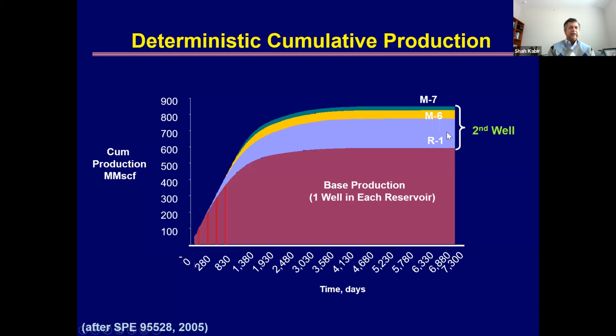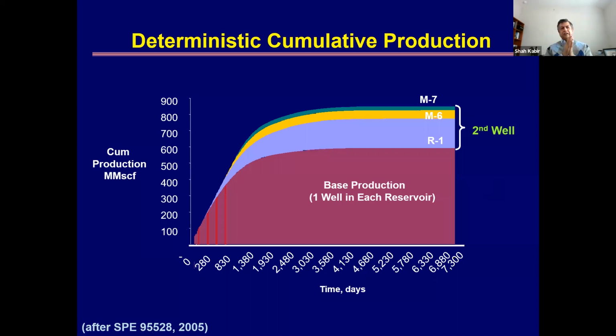As you can see, in this particular reservoir, given the properties, the second well looks very reasonable. In M6, we have some increments. But do we need another well for M7? That's questionable. So this is a deterministic approach.